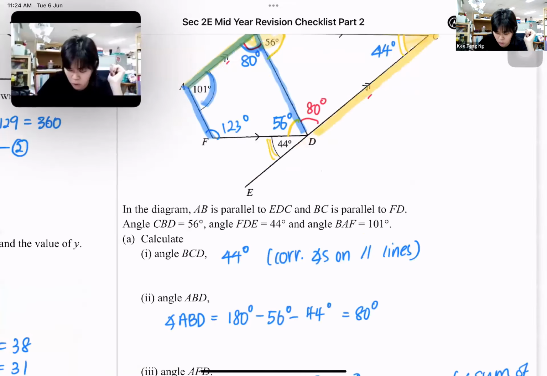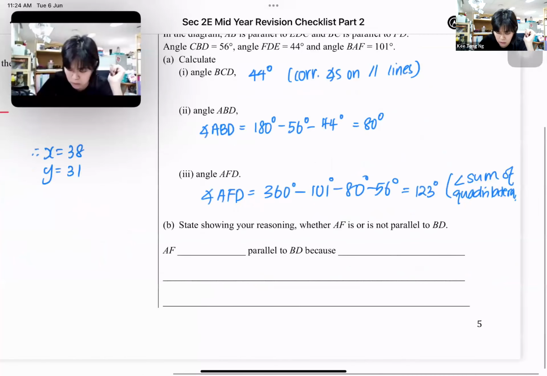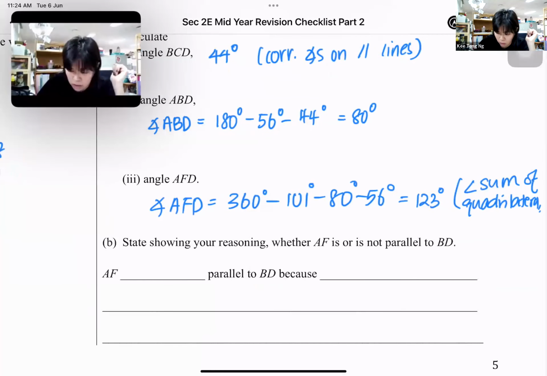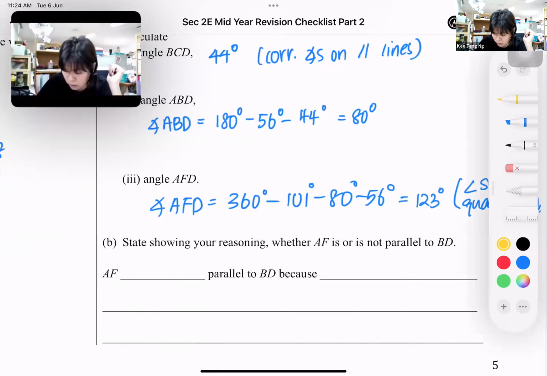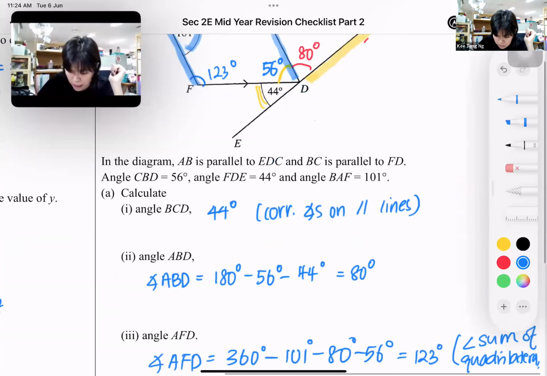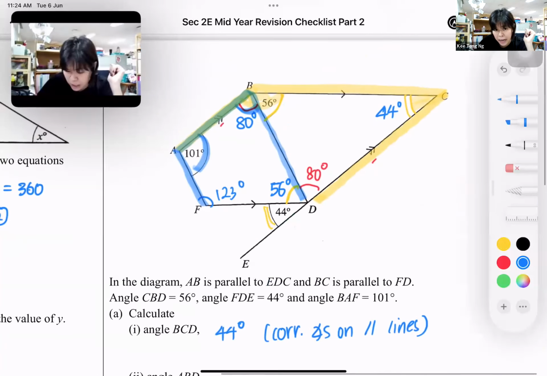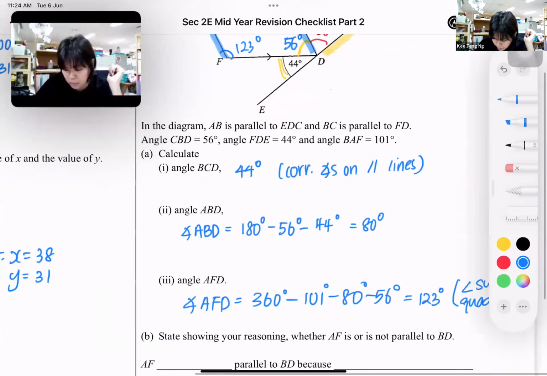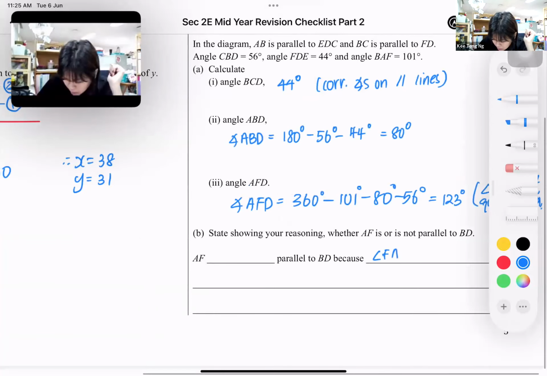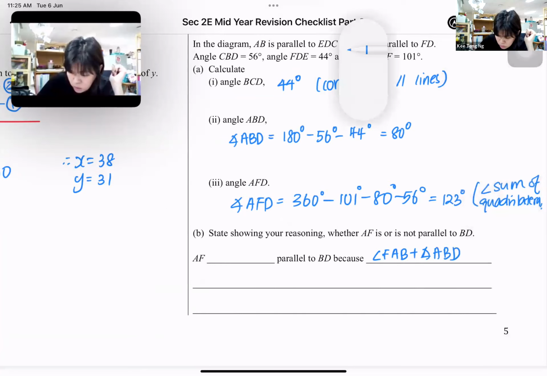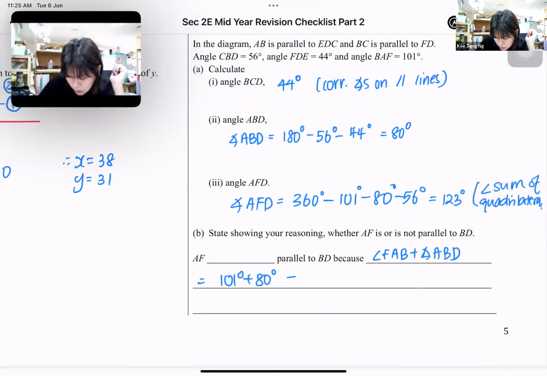So how are we going to write this expression? Because angle FAB plus angle ABD is equals to 101 plus 80, which gives you 181 degrees.